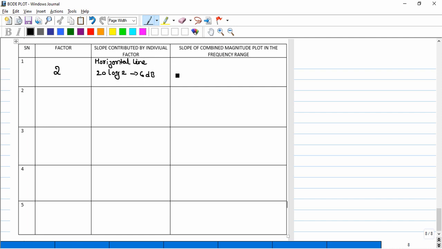So at omega equal to 1 rps, our magnitude plot will be 6 dB.